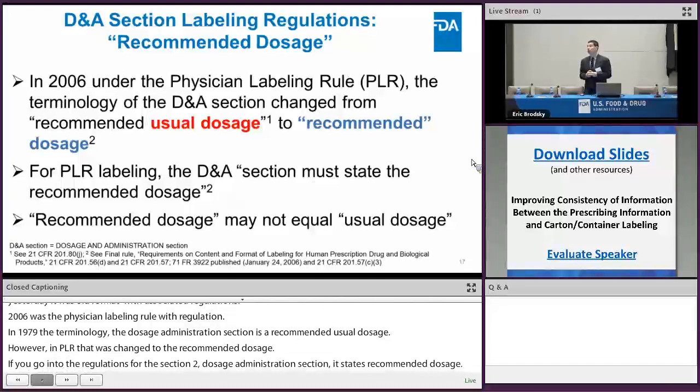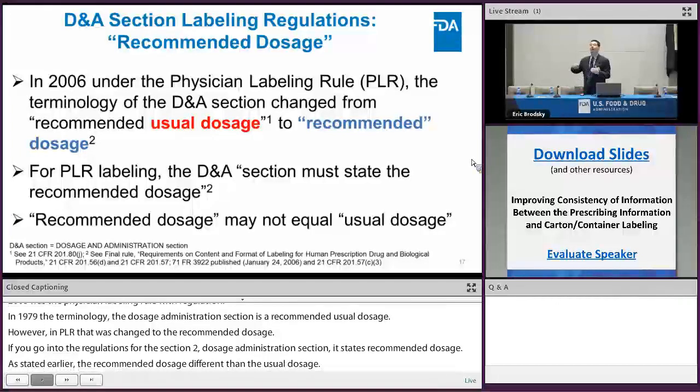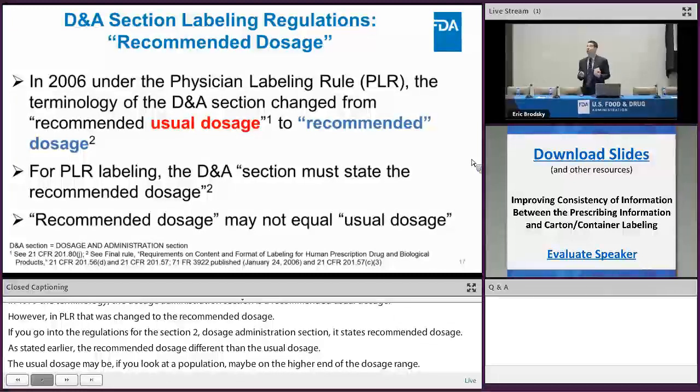The usual dosage, if you look at a population, may be on the higher end of the dosage range, but it may not capture the recommended dosage. The usual dosage may be off-label. Maybe it's higher than the recommended dosage.